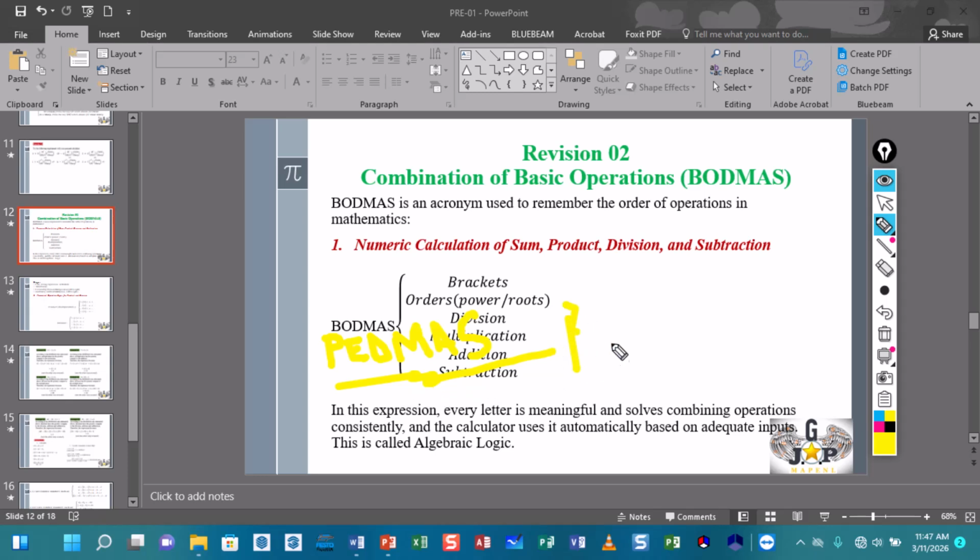But in our case, we are going with BODMAS, which means bracket, order, division, multiplication, addition and subtraction. So both of these have the same meaning. Bracket, parentheses; exponent, order or power.